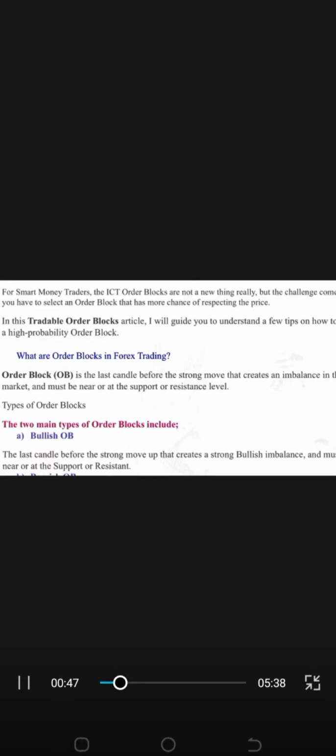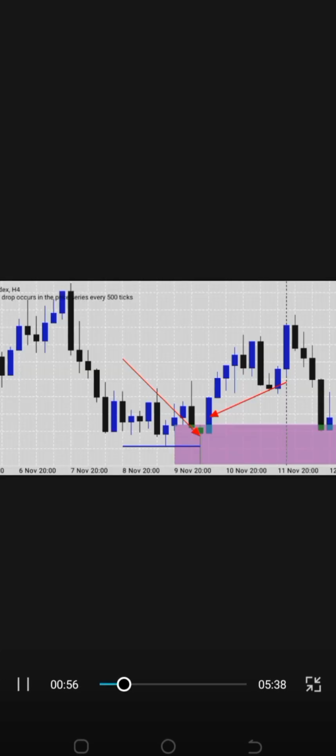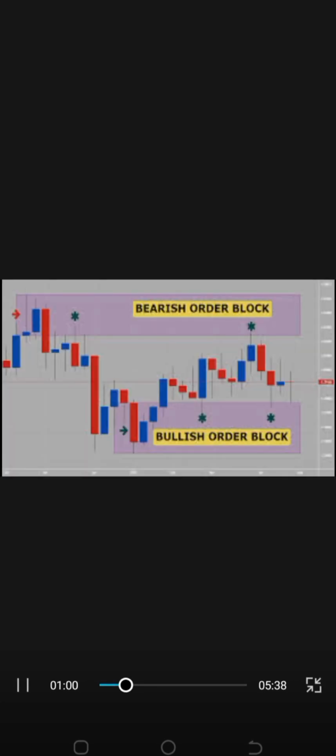And okay, let's go. So what's an order block? An order block is the last candle before the strong move that creates an imbalance in the market and must be near or at the support or resistance level. There are two main types of order blocks, a bullish order block and a bearish order block. Some call it stacked order blocks.